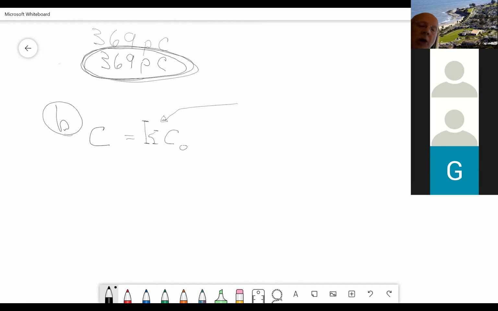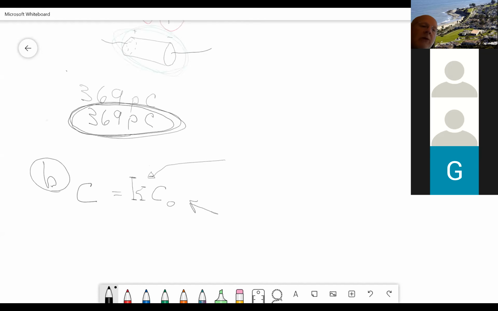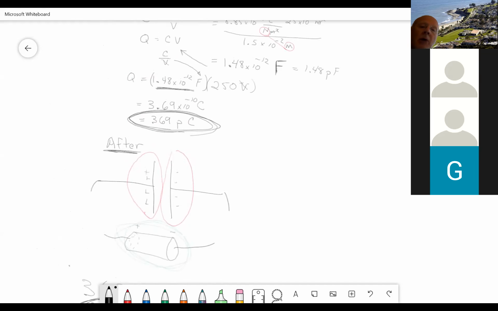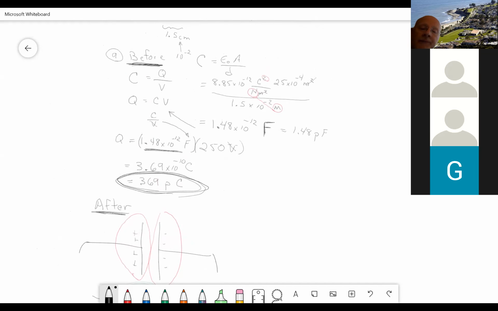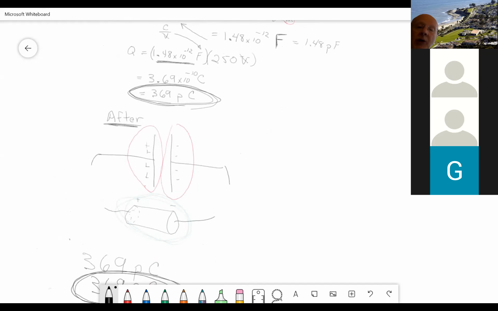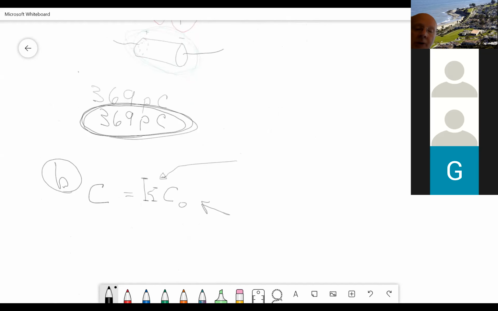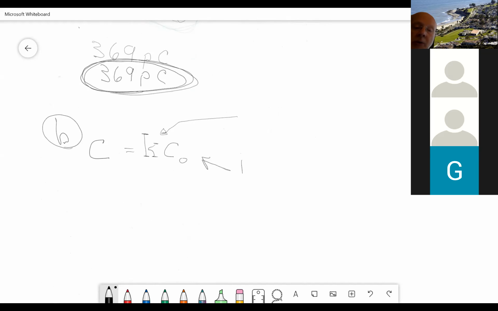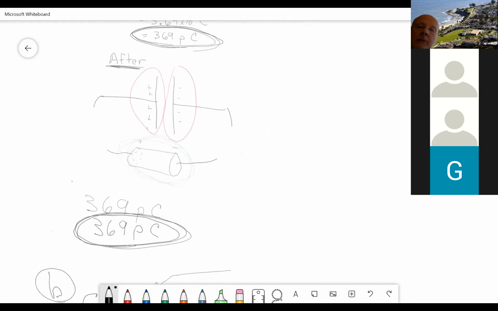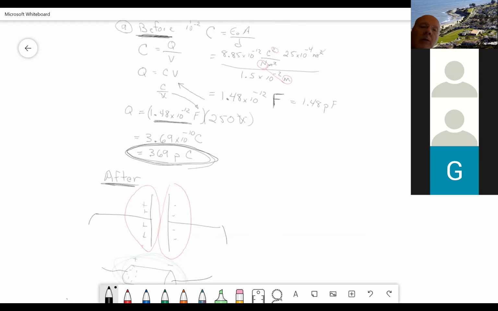In other words, we know that this capacitance, let me go back to A here, which we calculated earlier... Did we really get a number that small?